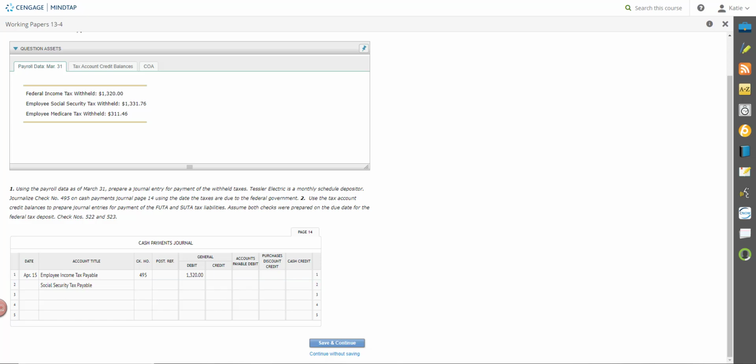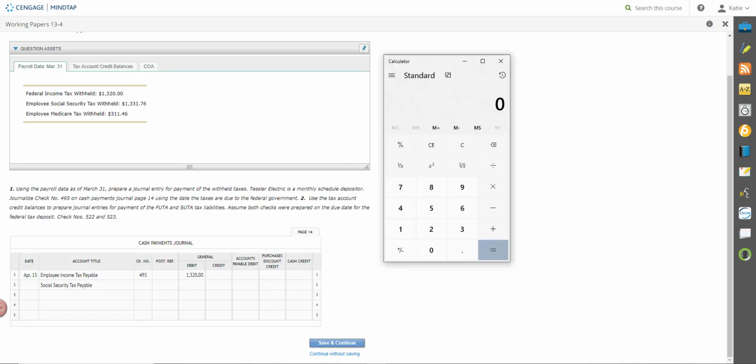And I need to use my calculator. So my employees paid in $1,331.76. I need to add to that the employer's portion. Remember, employees and employers match, so I have to add $1,331.76.